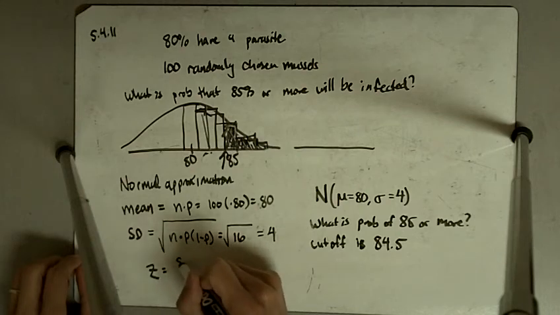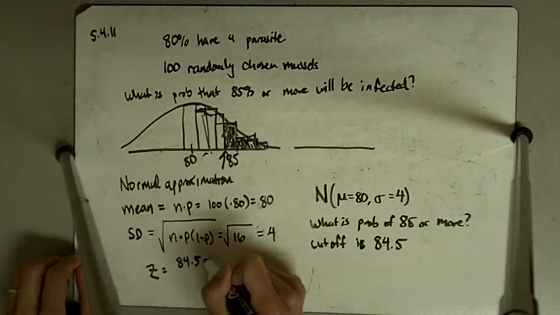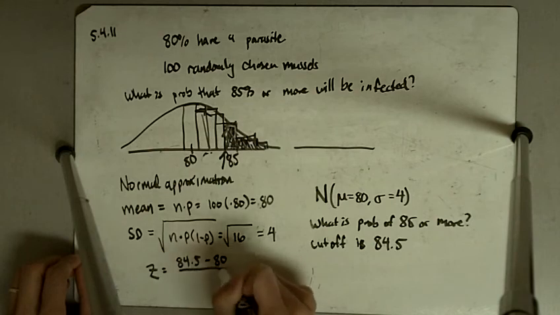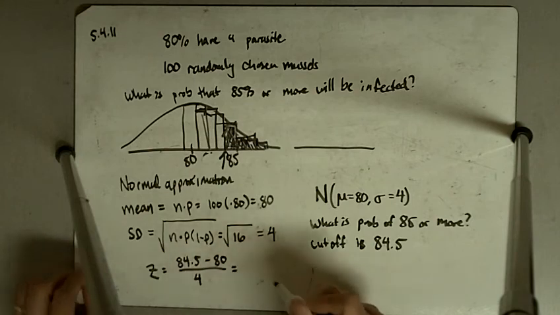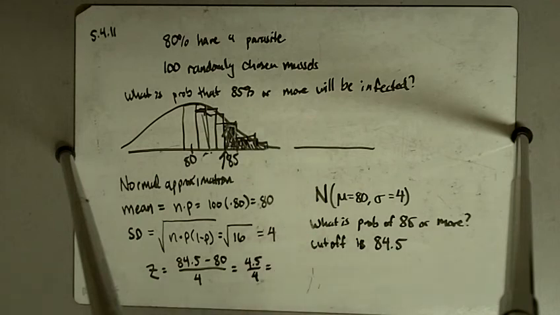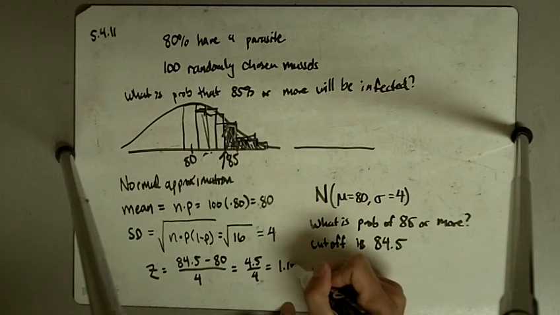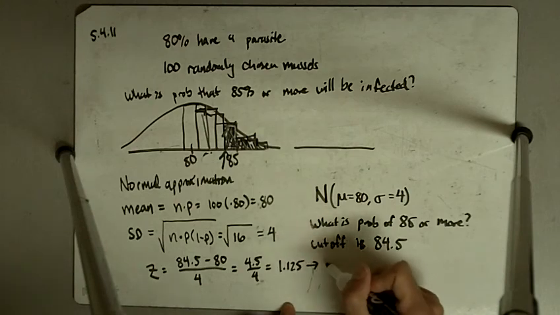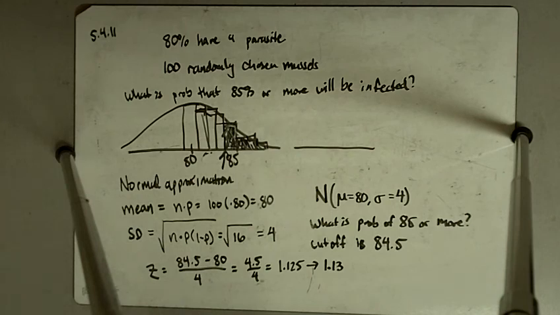Our z-score is going to be 84.5 minus 80, divided by our standard deviation of 4. So we have 4.5 over 4, which gives me a z-score of 1.125. So I'm going to round off to 1.13, and then I want to know the probability of being greater than 1.13.